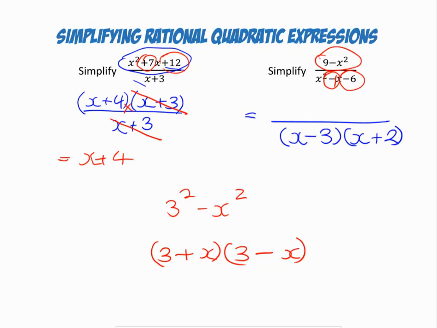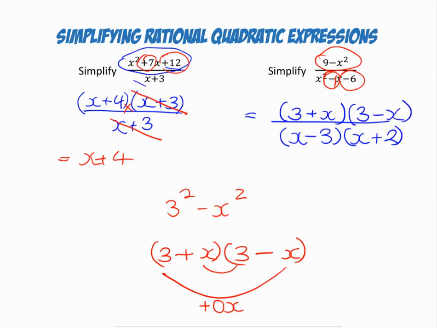The reason is that if I expanded that out again, I'd get 3x there minus 3x, and that's why I get 0x in the middle. So that's why we can use this tool called difference of two squares. So we've got 3 plus x, and we've got 3 minus x.